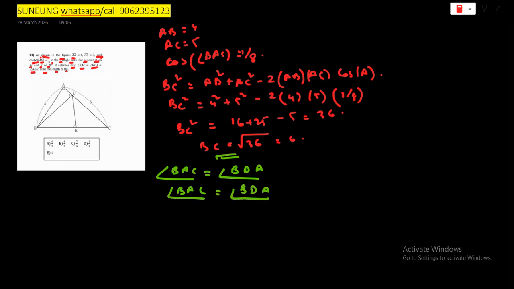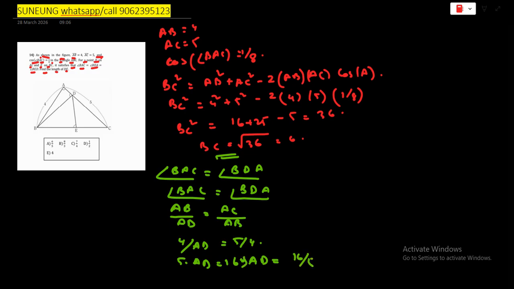So if two triangles share two angles, they are siblings, the similar triangles. So let's set up the ratio first. AB by AD will be AC by AB. So 4 by AD will be equal to 5 by 4. So 5 into AD equals 16, or AD will be 16 by 5.